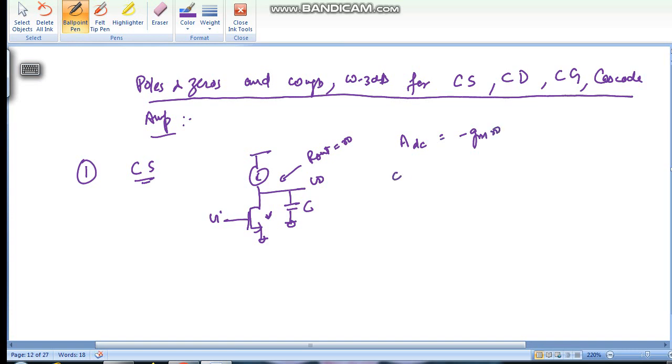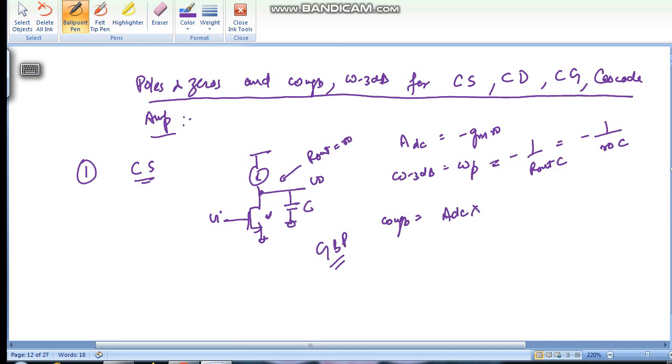Now omega 3 dB or dominant pole equals minus 1 by R out C, because at output we are seeing RO, so it will come as RO C. Now omega UGB, from the gain bandwidth product formula, will be ADC into omega 3 dB.